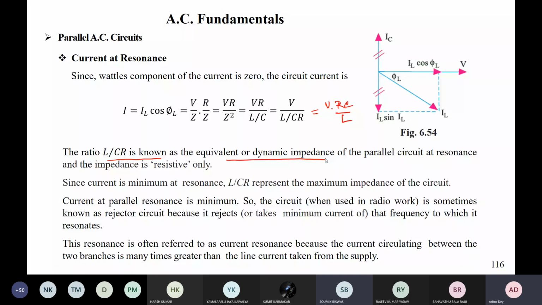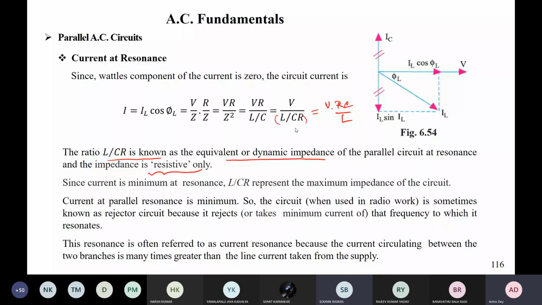It is not actually impedance, we rather call it resistance. Since current is minimum at resonance, your L by CR represents the maximum impedance value of the circuit. So that is why it is called the rejector circuit.